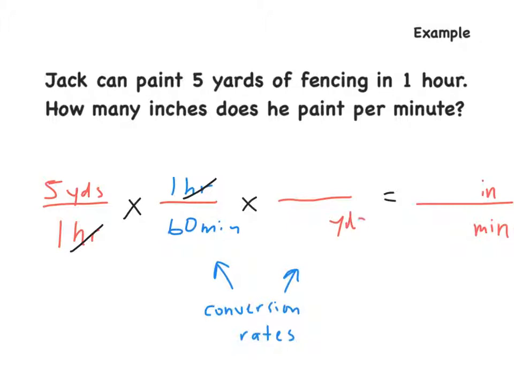We need to convert yards to inches. So, for our conversion rate, we need to figure out how many inches are in a yard. In 1 yard, there are 36 inches.